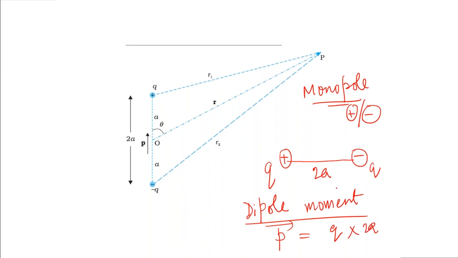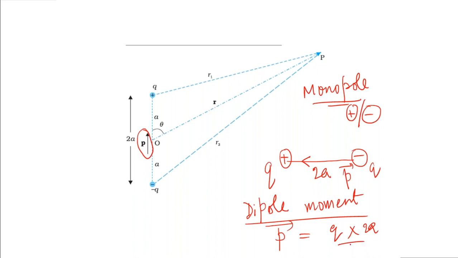The dipole moment will have direction from negative to positive. See here it is shown from negative to positive. So this is the dipole moment vector, and it has magnitude q into the distance of separation between the charges, that is 2a.